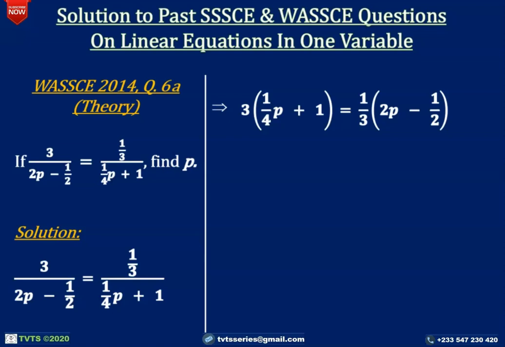Removing brackets, we have 3 times 1/4 of p to be 3/4 of p, and 3 times 1 to be 3. On the right hand side, we have 1/3 times 2p to be 2/3 of p, and 1/3 times negative 1/2 to be negative 1/6.